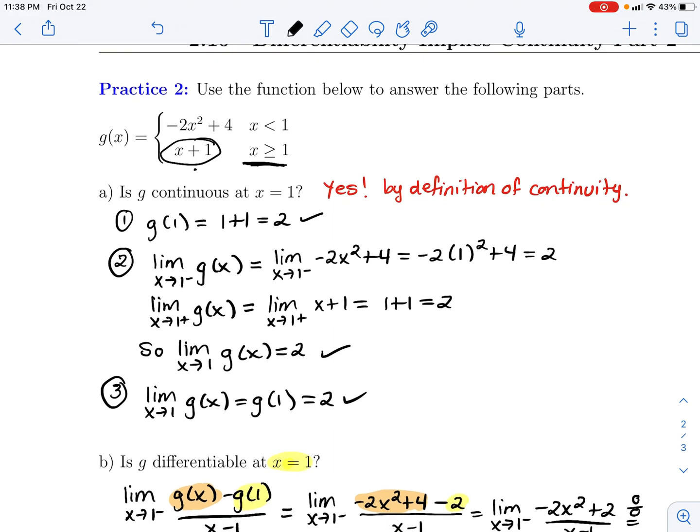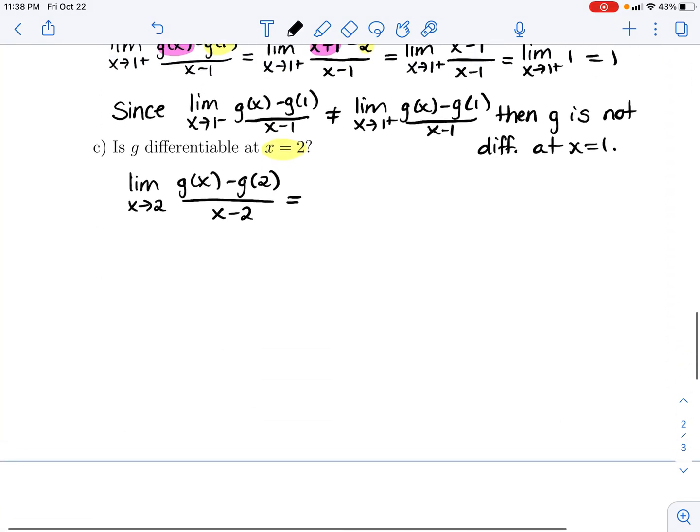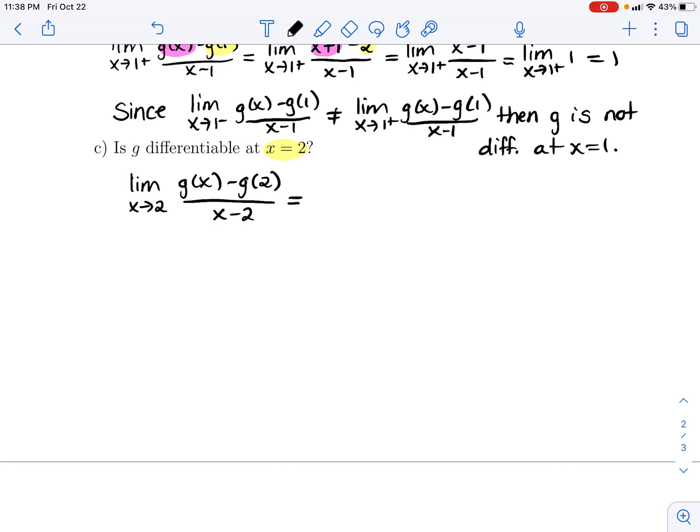So now what I'm going to do is just plug in x plus 1 in for g of x in my limit definition of the derivative. And then I need to just compute what g of 2 is. And again, I'm plugging in 2 into the bottom piece, right, because of how it's defined here. So I need to say that this is the limit as x approaches 2 of (x plus 1 minus g of 2), and g of 2 is equal to 2 plus 1, which is 3.